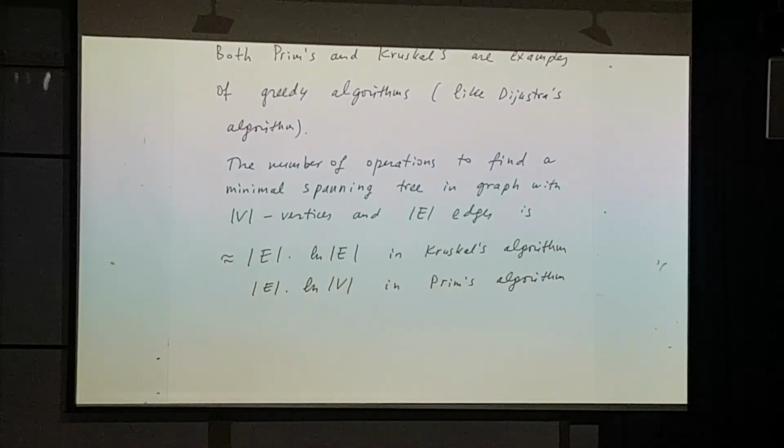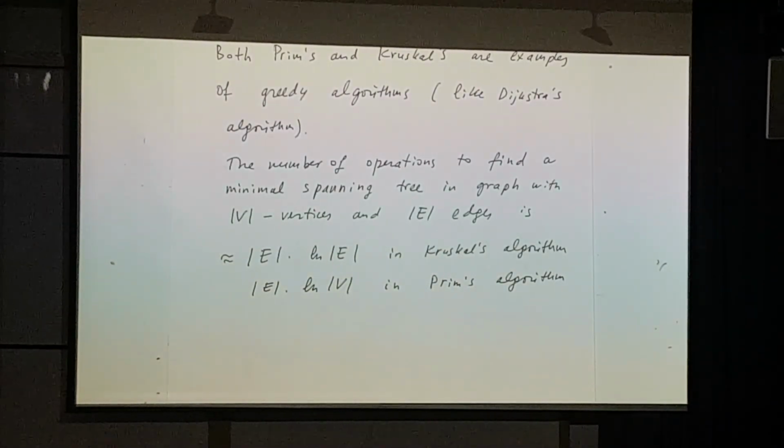It is hard work to find these estimates, so I don't have any intuitive explanation of where the logarithms come from, but this can be shown. And you see that while Kruskal's is only really sensitive to the number of edges, Prim's is sensitive to the number of vertices in your graph as well.